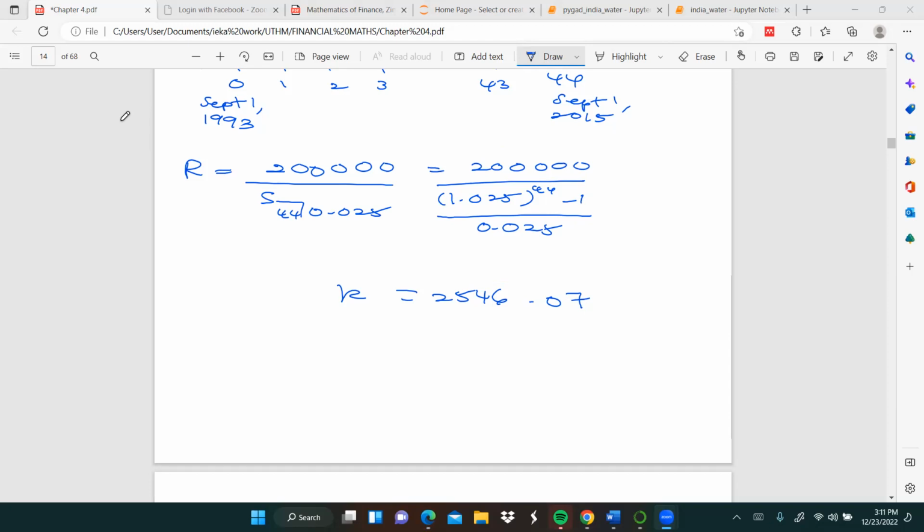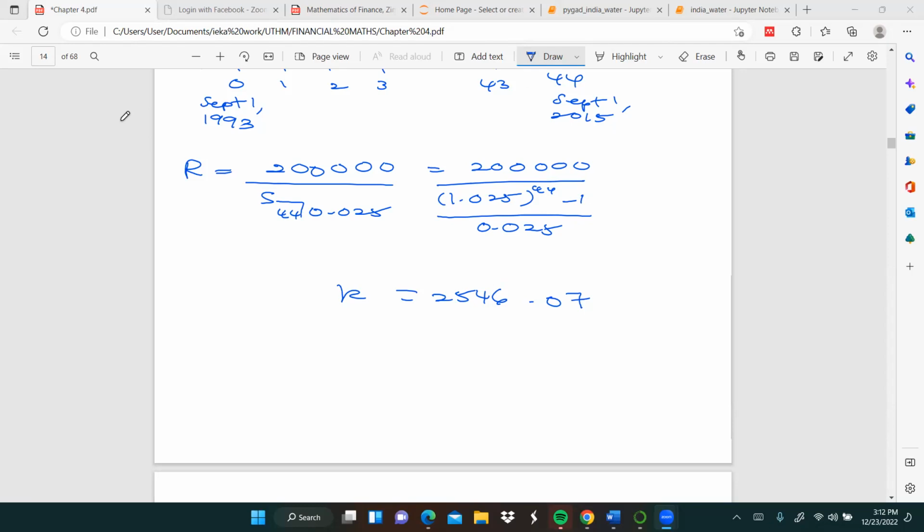It starts February 1994. It ends September, deposit yang terakhir tu sama saja. So in this case, our R is 200,000 over S angle 259 at I. I tu saya tak tulis sebab panjang sangat.